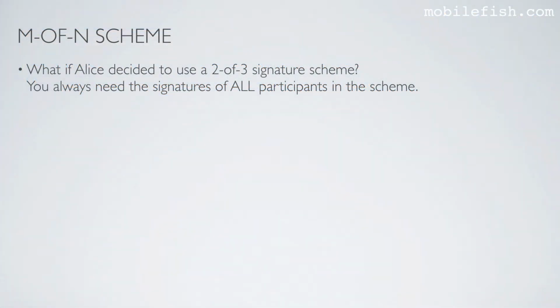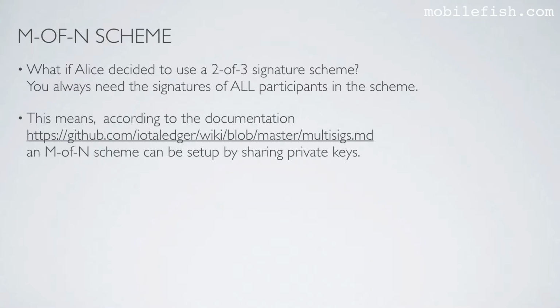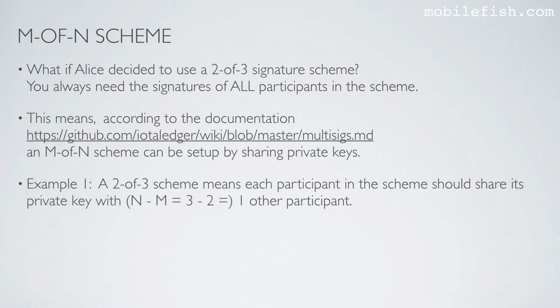What if Alice decided to use a 2 of 3 signature scheme? You always need the signature of all participants in the scheme. This means, according to the documentation, an M of N scheme can be set up by sharing private keys. Example 1. A 2 of 3 scheme means each participant in the scheme should share its private key with 3 minus 2 is one other participant.